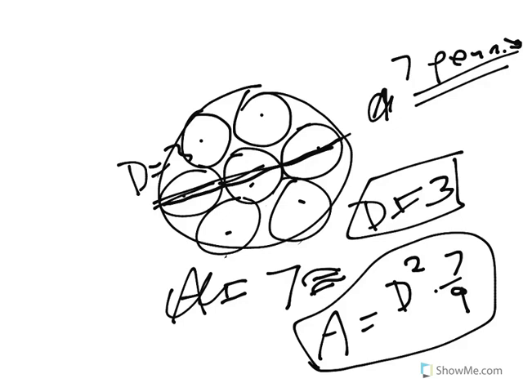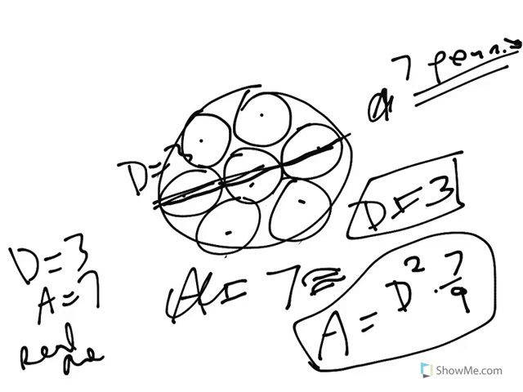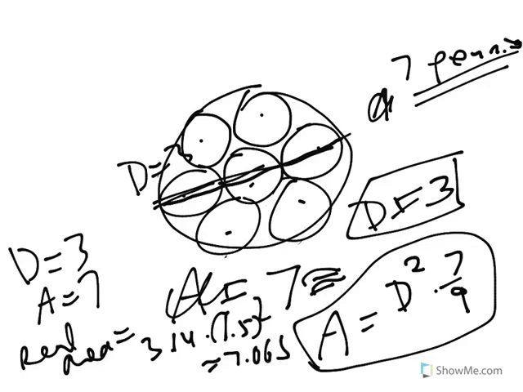But that formula wouldn't be so accurate, because that would mean if the diameter equals 3, the area equals 7, when the real area would be pi, which is about 3.14, times 1.5 squared, which is about 7.065, which is actually pretty close.